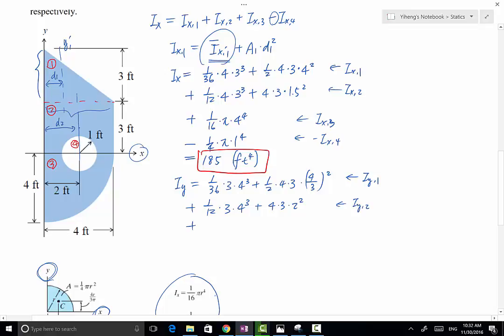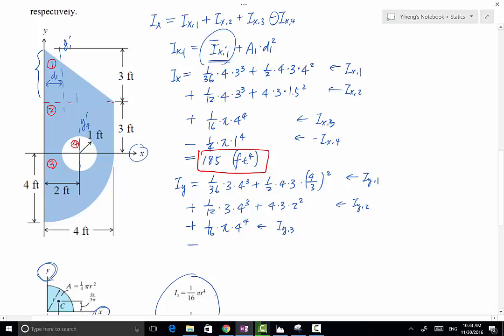Moving on to the quarter sphere, it's the same thing for this circular shape. It is still 1/16 pi times radius 4 raised to the 4th power, still the same. So this is again my Iy3, and then minus for the circle. Its centroidal axis, which is parallel to the y-axis, is this one.